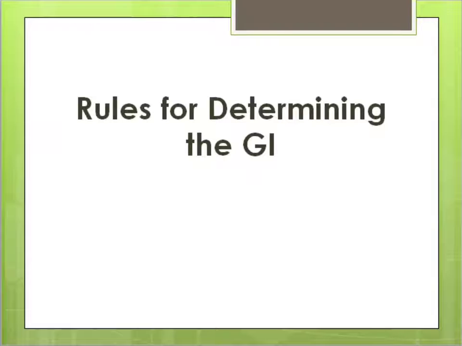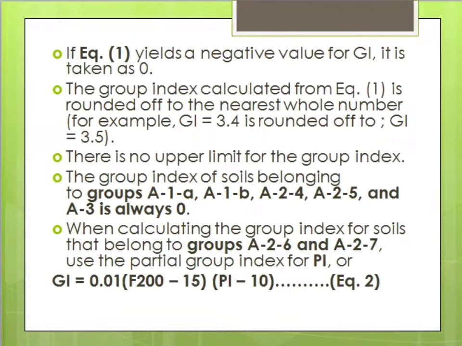Here are some rules on how to determine the group index. If equation 1 yields a negative value for group index, it is taken as 0. The group index calculated from equation 1 is rounded off to the nearest whole number.